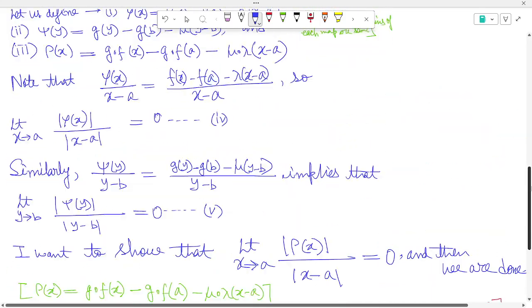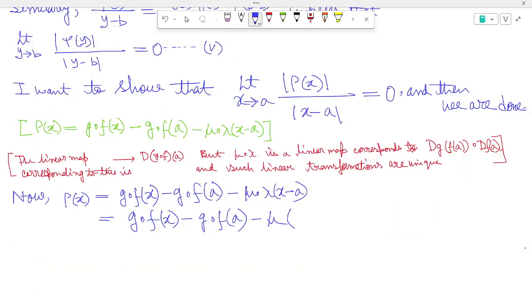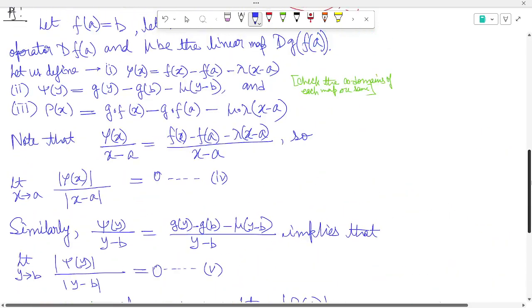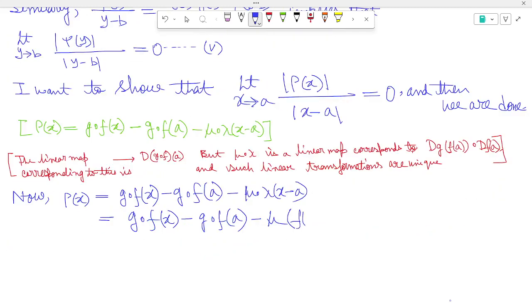So it will be, yes, phi x minus Fx minus Fa. So it is Fx minus Fa minus phi x. It will be Fx minus Fa minus phi x.